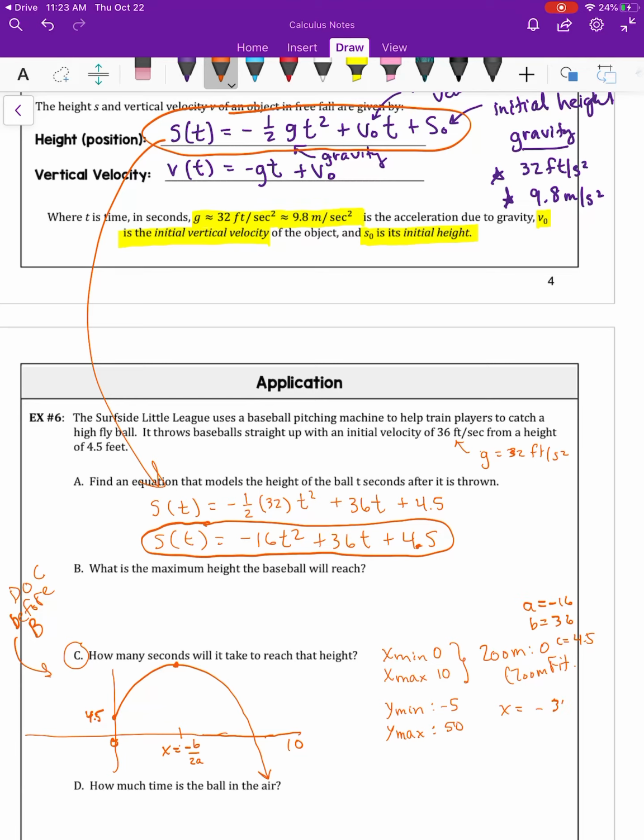If I do -b/2 times a, I'm going to get positive 36/32. And then if I reduce that, what are they both divisible by?